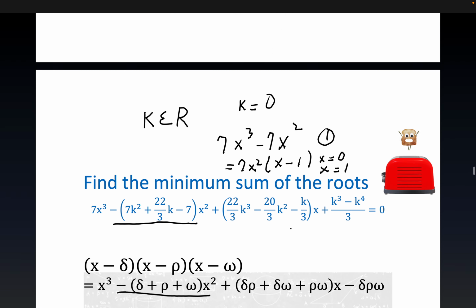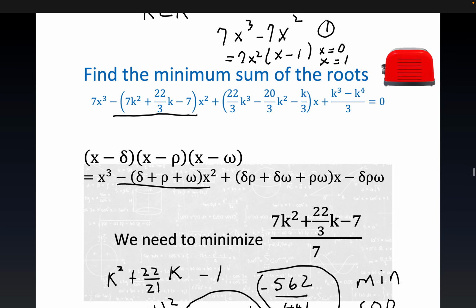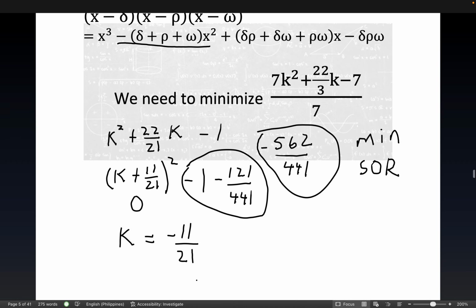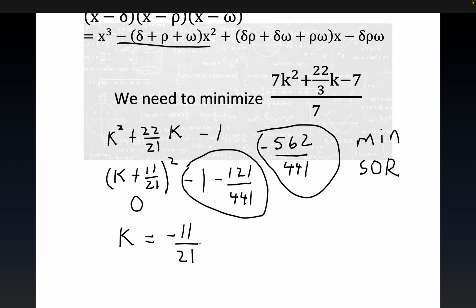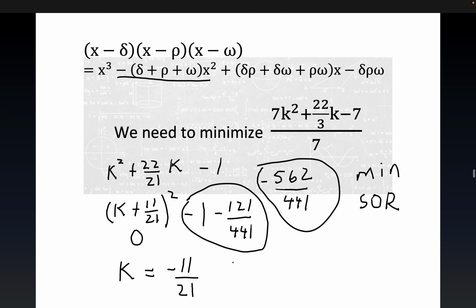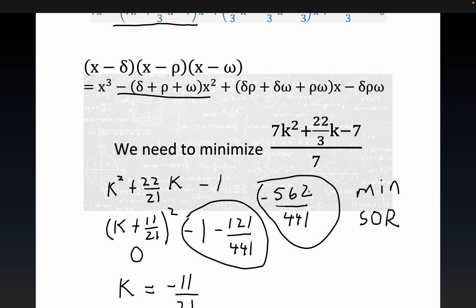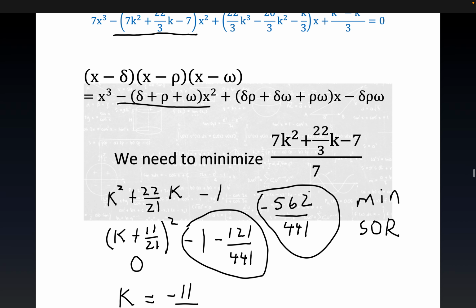But for this special case, we got a sum of 1, right? For the case k equals 0. Down here, we had k equal to minus 11 over 21, so 0 is just to the right of minus 11 over 21 on the number line. But anyway, there's more we can do with this problem, but this does answer our question right here. Minus 562 over 441 is the minimum sum of the roots.